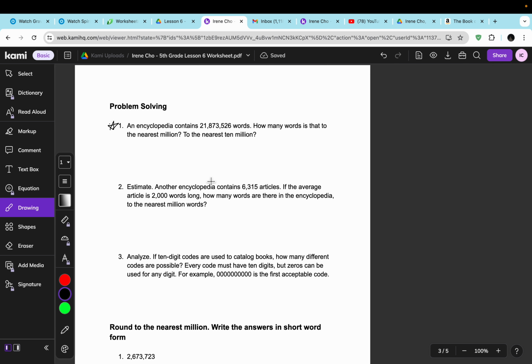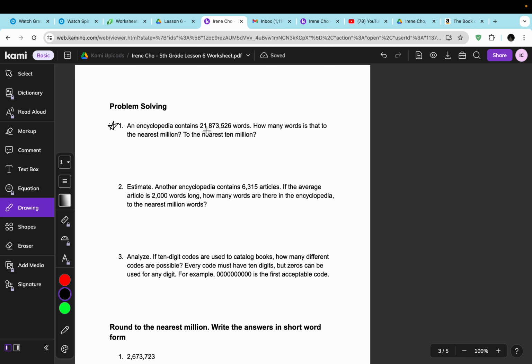So the next problem is problem solving. An encyclopedia contains 21,873,526 words. How many words is that to the nearest million, and to the nearest 10 million? So we look at the number and go ones, tens, hundreds, thousands, 10,000, 100,000, million.